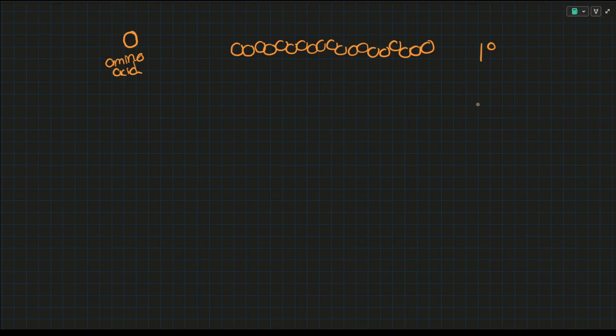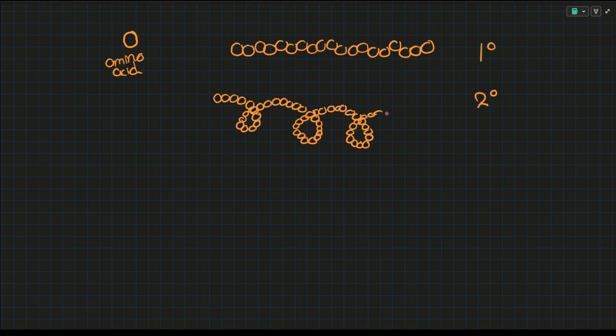Then when it comes to the secondary structure, these amino acids, due to hydrogen bonding, can take different forms. I'm doing my best to draw an alpha helix and failing miserably. You get the point, right?